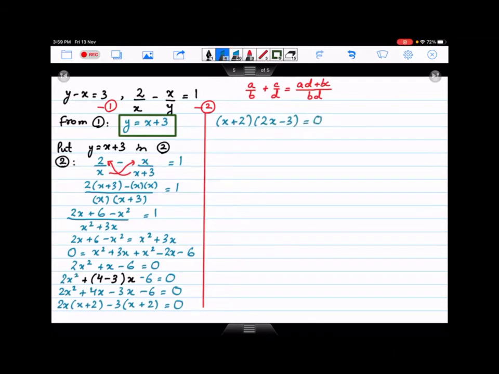So now we have two brackets giving us 0. So either we take the first bracket equals to 0 or we take the second bracket equals to 0. So now x should be equals to minus 2 from here, and now x should be equals to 3 upon 2 from there.